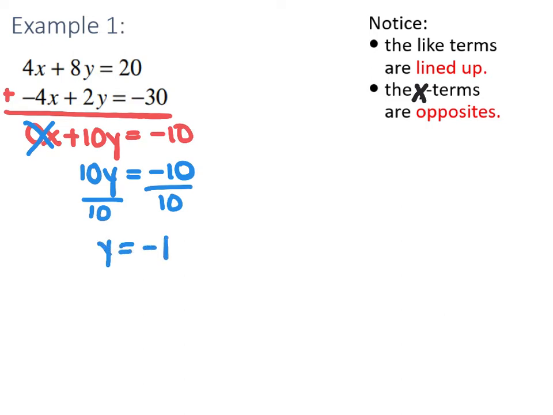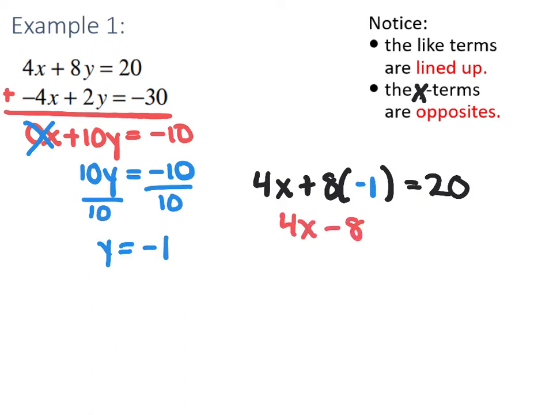Now once you have the value of y, you can plug it back into either of the original equations. So if I choose to plug it into the first equation, I would have 4x plus 8 times -1 equals 20. If I solve from there, I'll get 4x minus 8 equals 20.